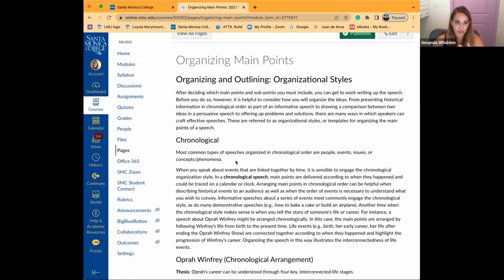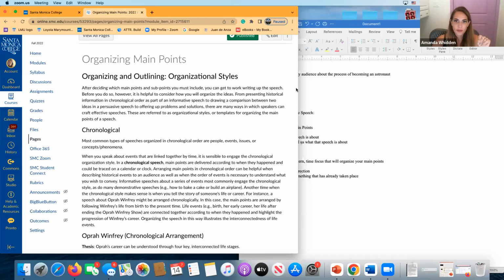And like we said, chronological before. So chronological, and I do want to go over that with you, is that when you have a speech, I'm going to put these side by side.